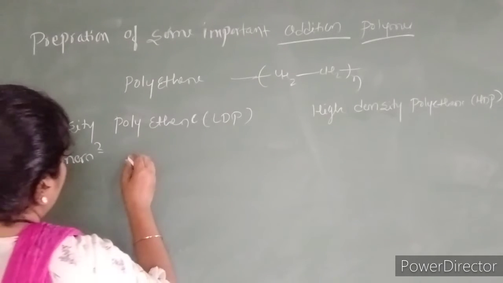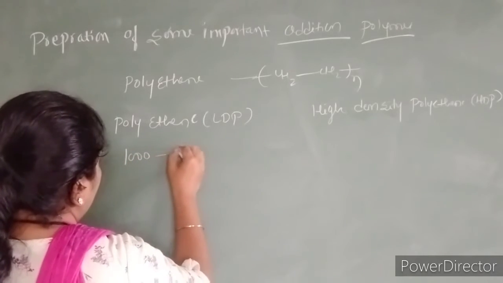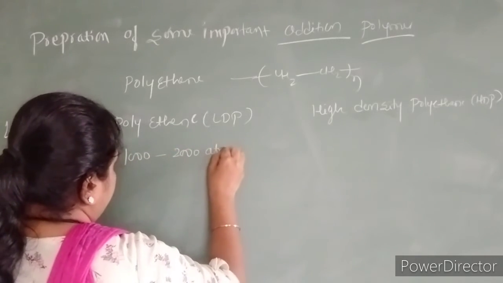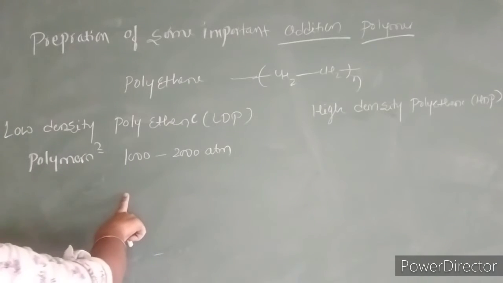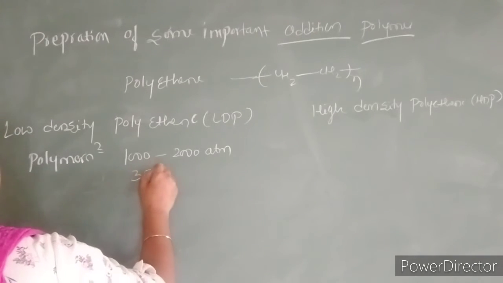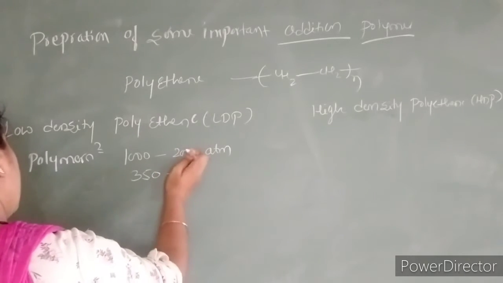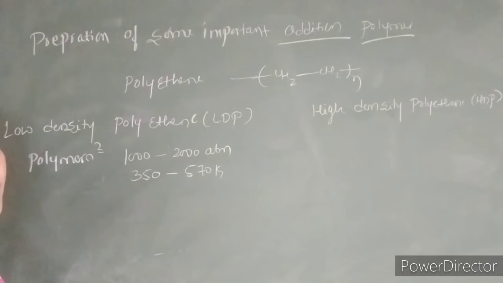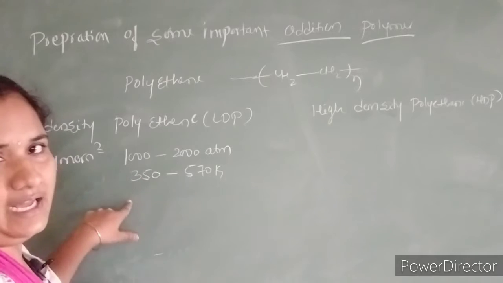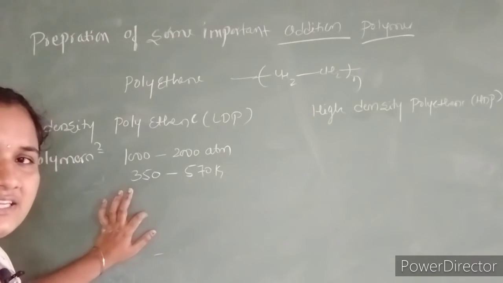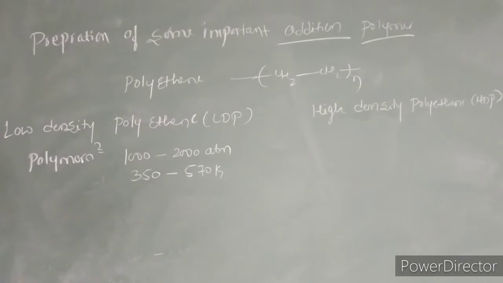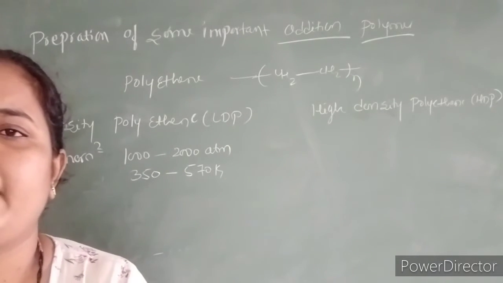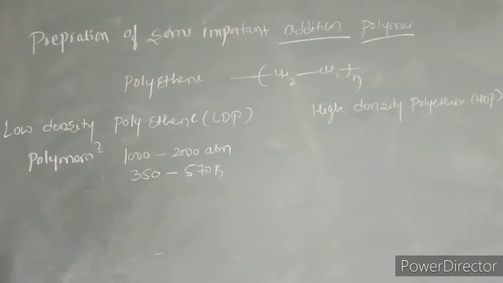Here we require a pressure of about 1000 to 2000 atmospheres, and the temperature is also high, about 350 Kelvin to 570 Kelvin. Only a minute quantity of catalyst is used. Usually dioxygen or a peroxide is used here.